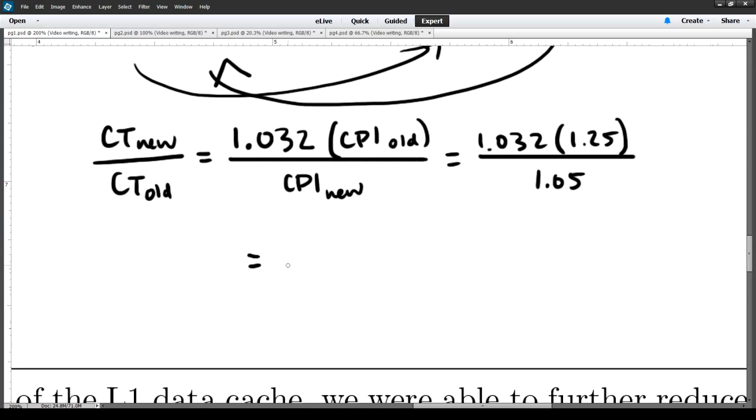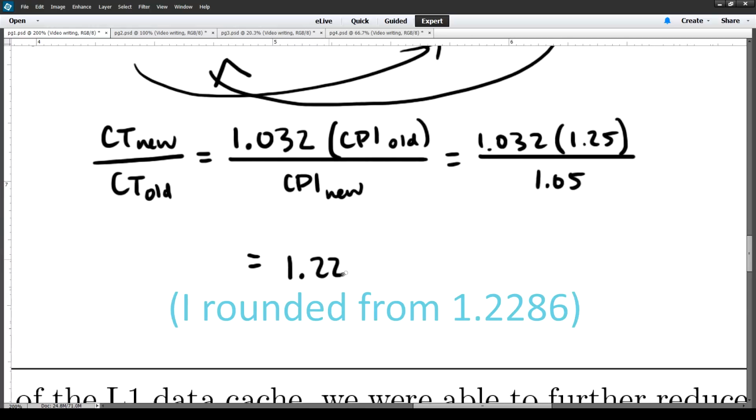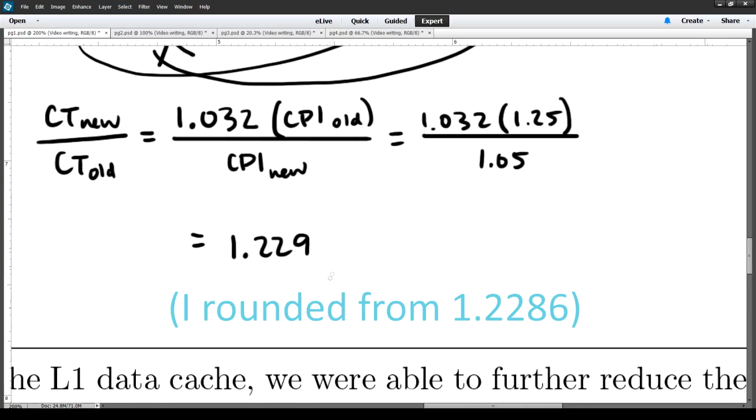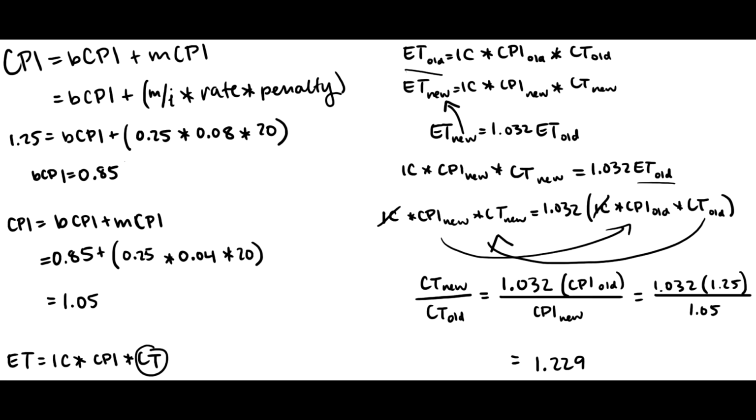And if we solve that, it becomes 1.229. So therefore, the new cycle time is 22.9% slower, and this is quantitatively what led to the 3.2% execution time slowdown.